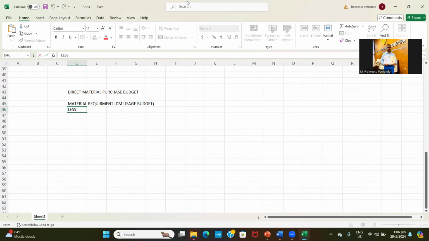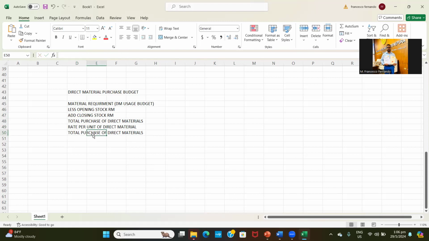And then you must subtract opening stock raw material and add closing stock raw material. Then we can get the total purchase of direct material and the rate per unit of direct material.